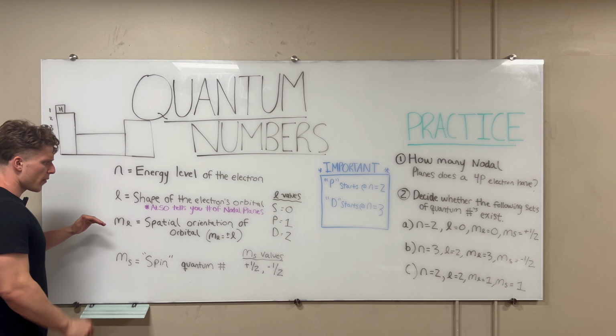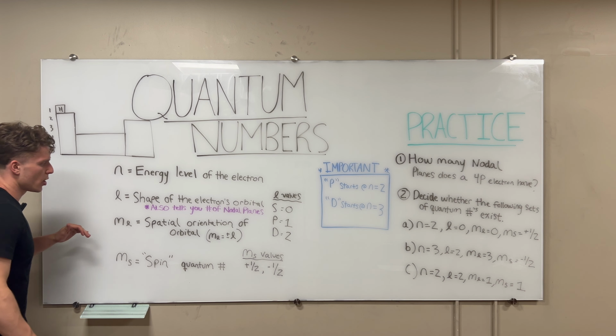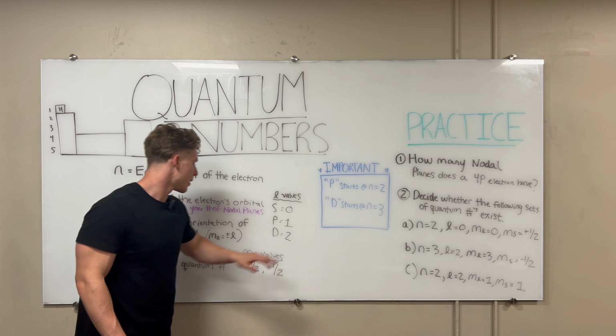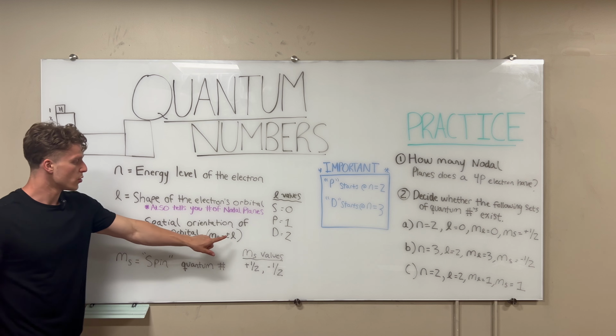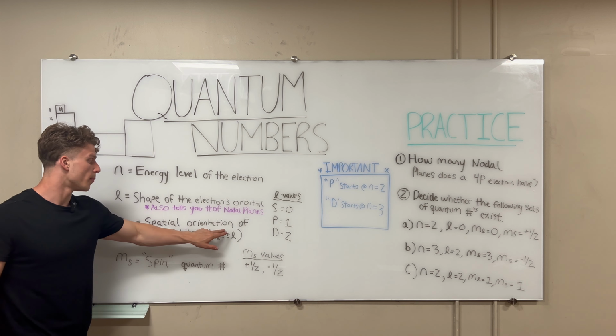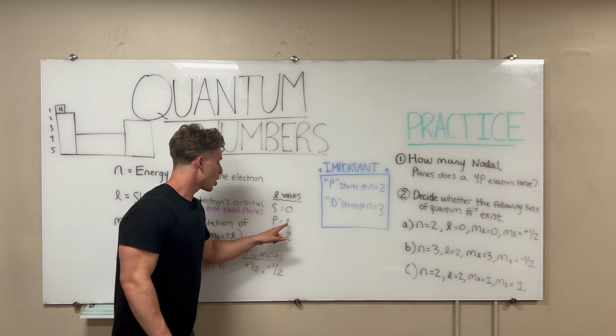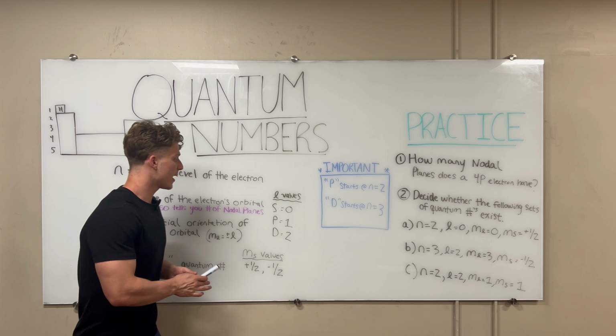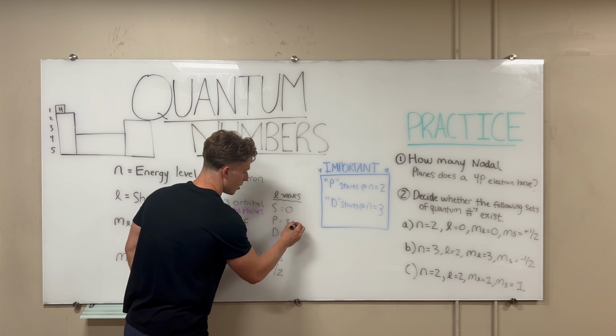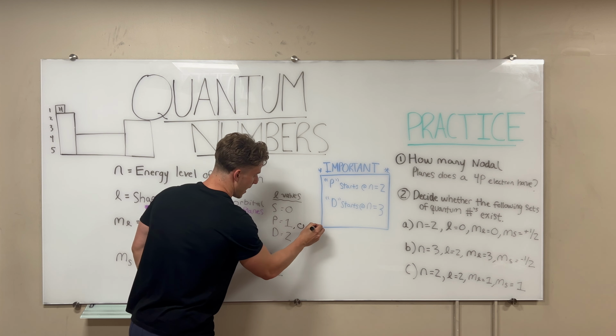If we move on to a p electron, we see that its L value is 1. The possible M sub L values for a p electron go from plus L to minus L. So we could go from plus 1 all the way to negative 1. So we'd have 1, 0, and negative 1.